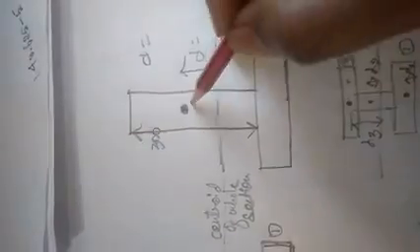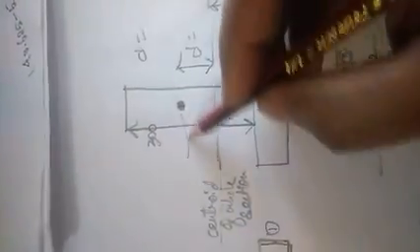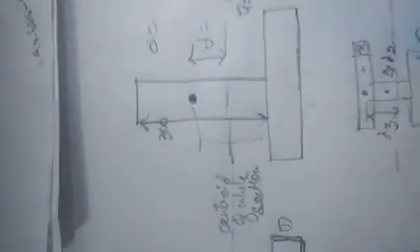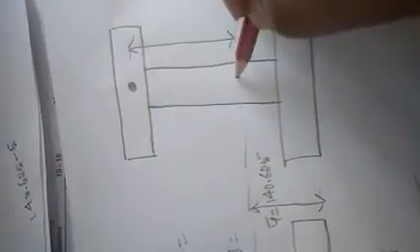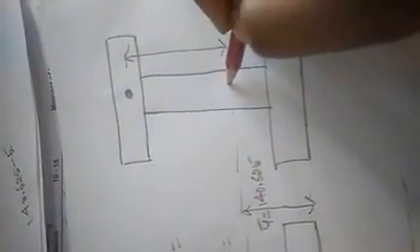For the second section, the centroid lies exactly at 150 from here. The third section also lies exactly here, so the distance from the centroid of the third section to the centroidal axis you need to determine. That's all, very clear.